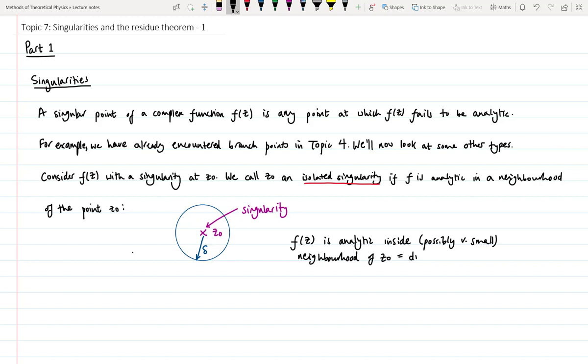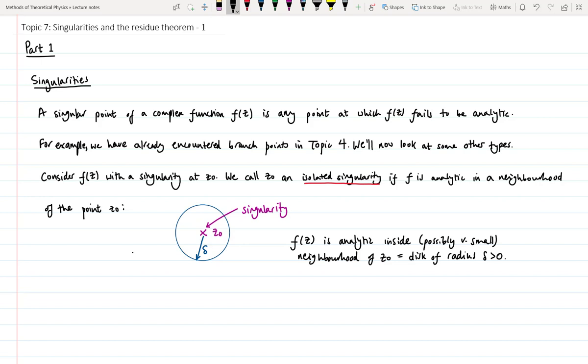From this picture, this is a disk of radius delta that has to be greater than 0. Essentially, this says that as long as we can find a region around this singular point z0, it doesn't matter how small it is, as long as it exists, then we call the singularity an isolated singularity.